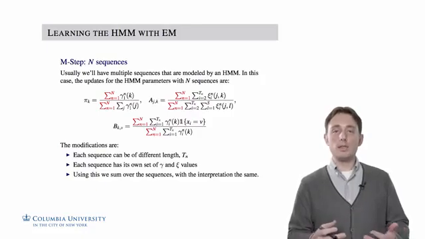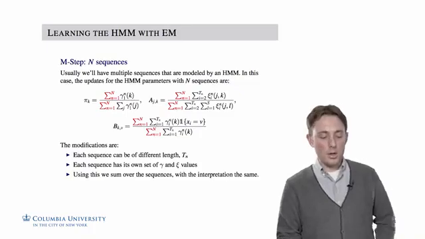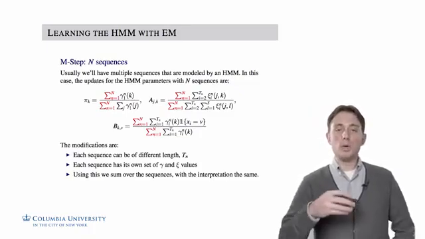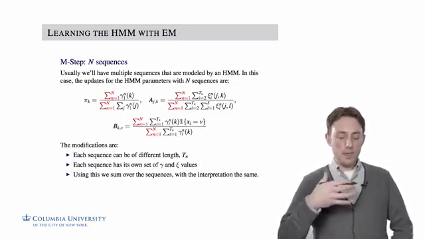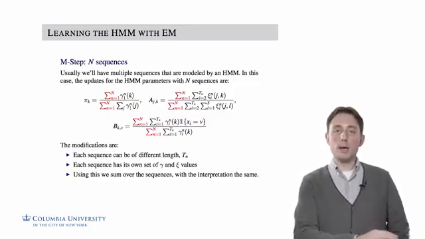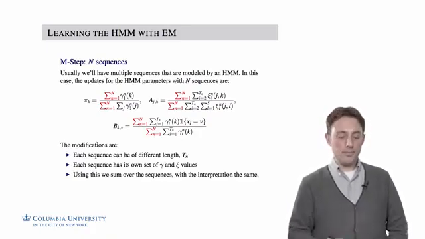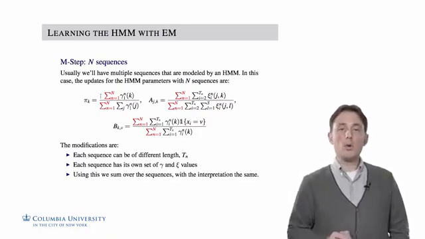How do we modify this if we have many different sequences? It's a simple modification. All we do is calculate these probabilities for each individual sequence. We literally perform the same steps for each individual sequence separately, and then we sum over all of those sequences.